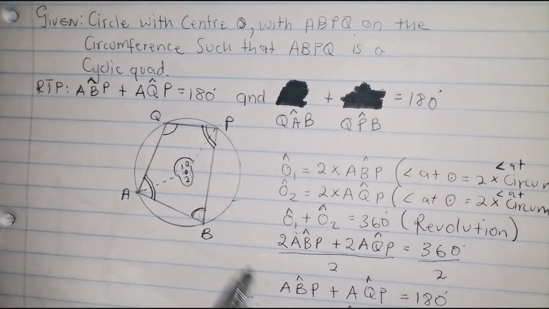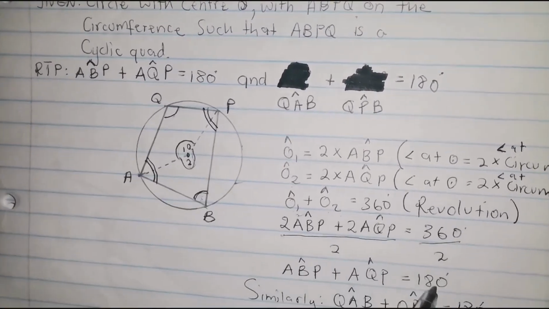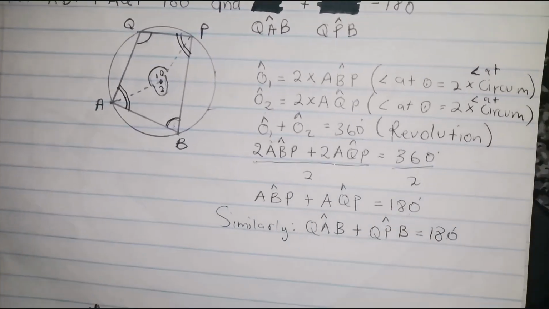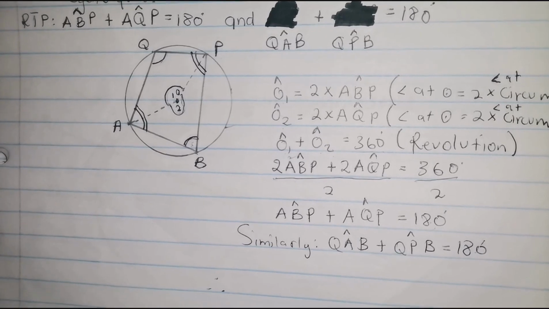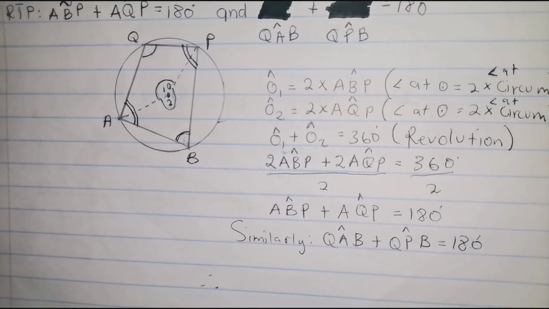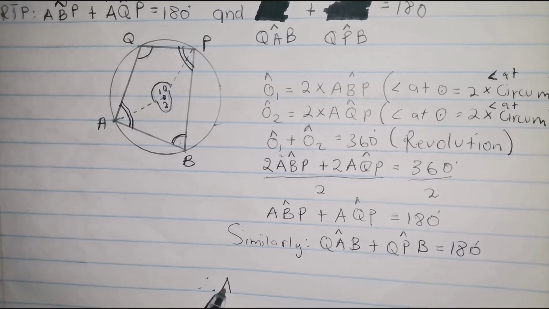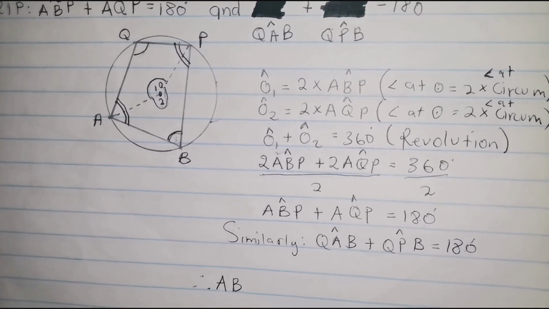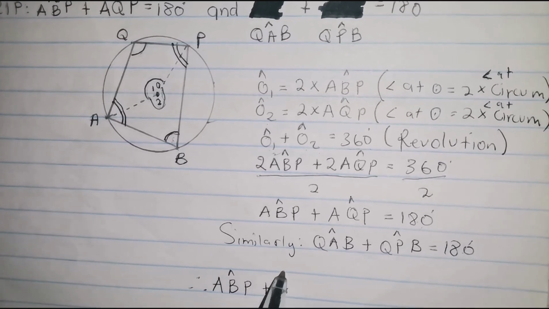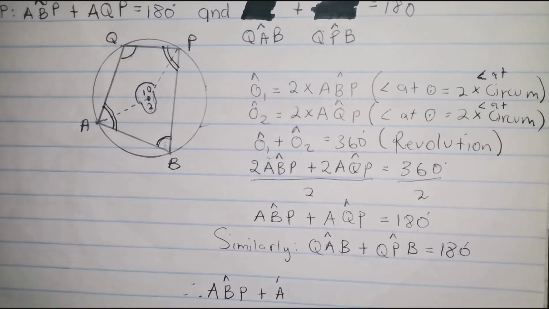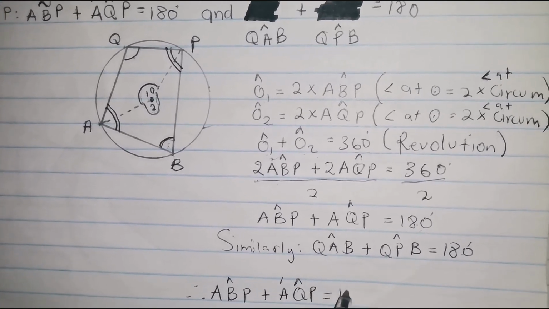Angle A plus angle P, 180 degrees. Angle B plus angle Q equal to 180 degrees. Therefore, ABP plus AQP equal to 180 degrees.